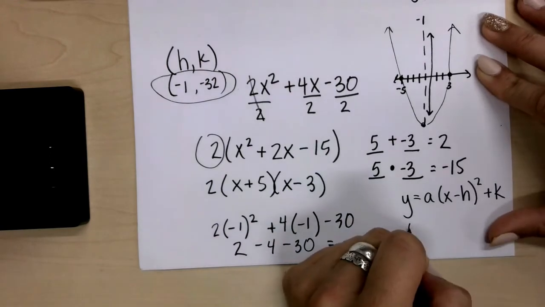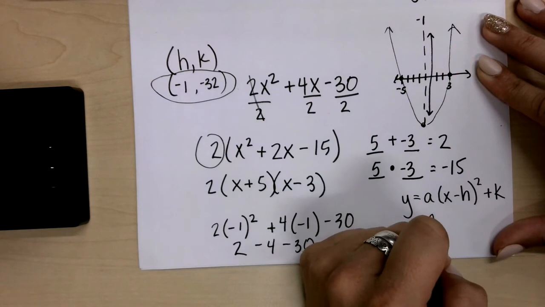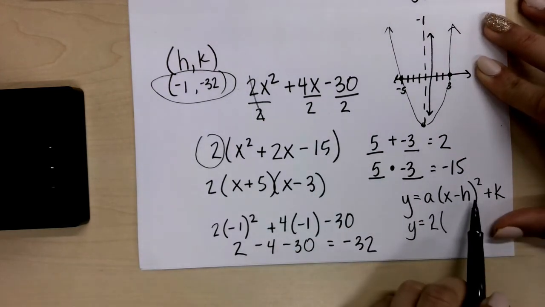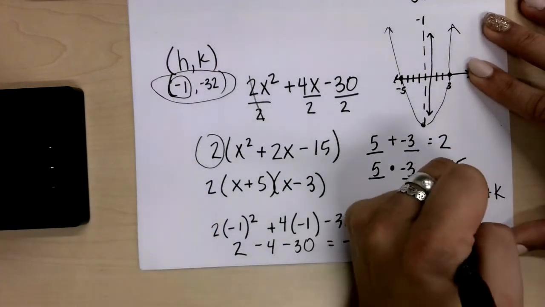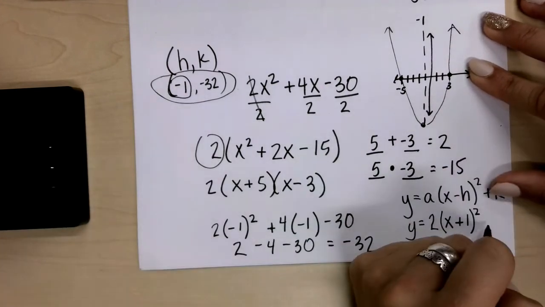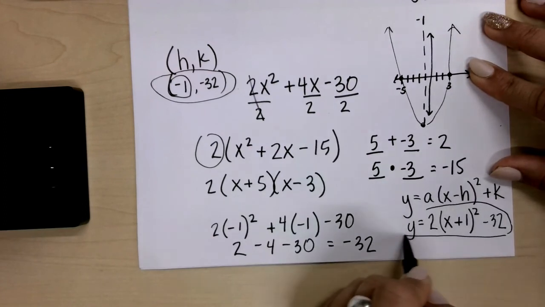Okay, so I have y equals, my a value is 2 times x minus h squared plus k. So my h value is a -1. So minus a negative turns this to a +1, and k is minus 32. And this is my graphing form.